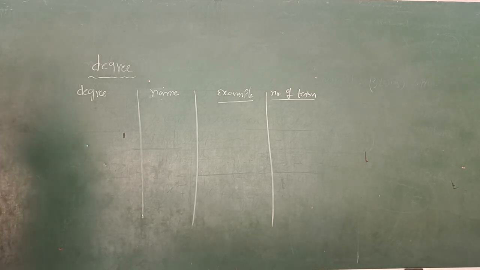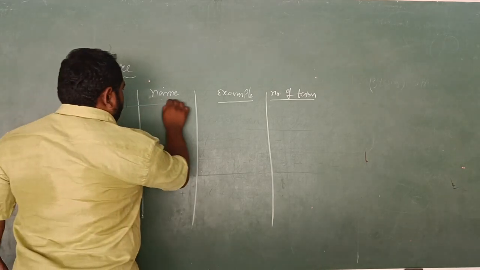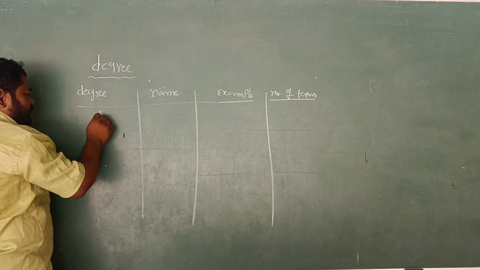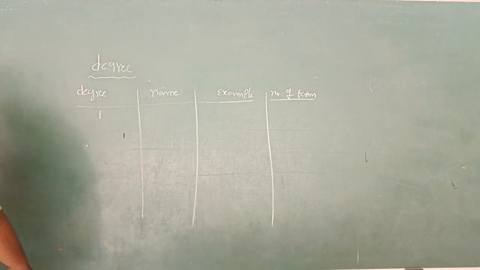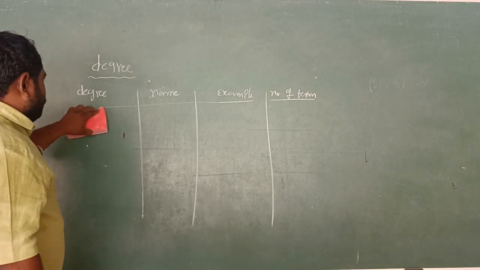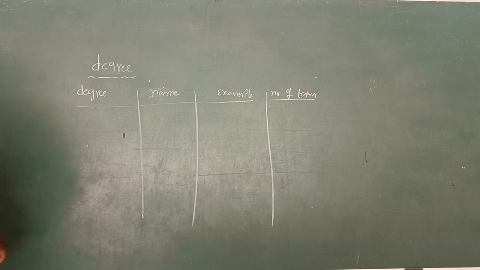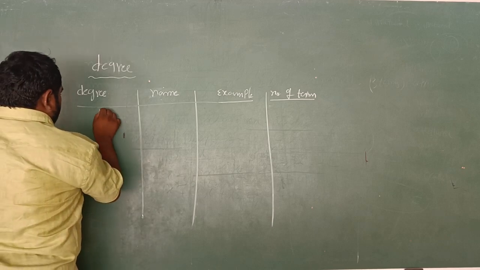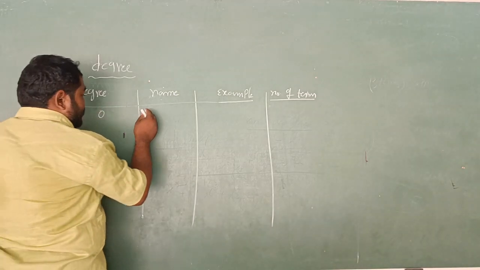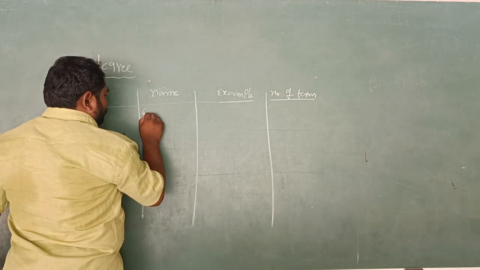Shall we start from 0? If the degree of polynomial is 0, then it is called a constant polynomial.